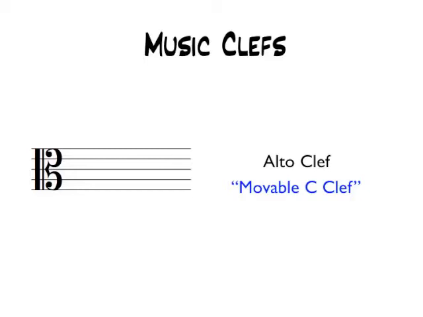And the reason for that is that this little insignia or calligraphy that was created, that little indention, is signifying, in this case, that the middle line is C. Now, these movable C clefs can move all over the place. This particular one, because of where it's located, is known as the alto clef.